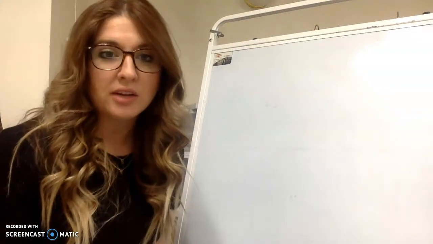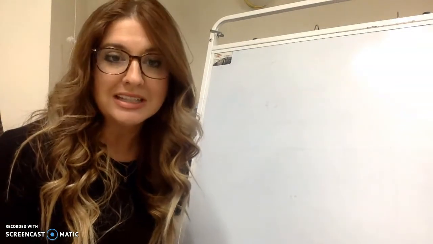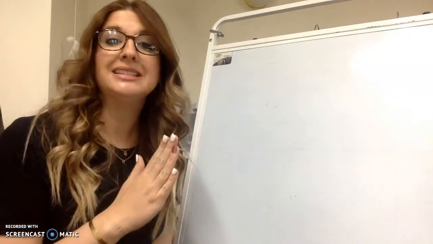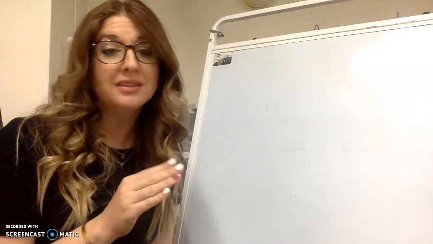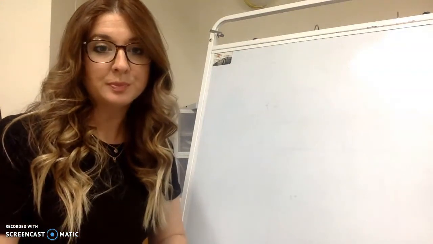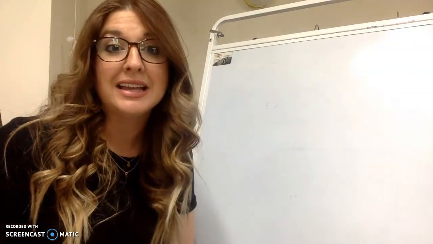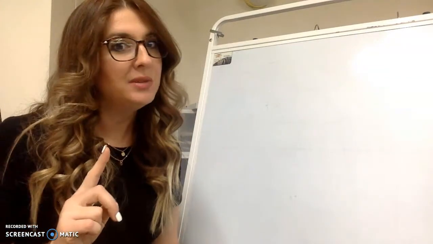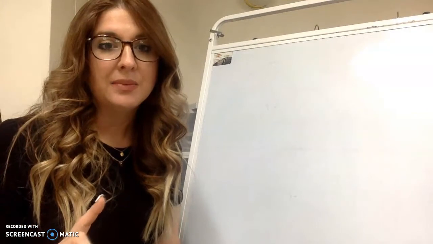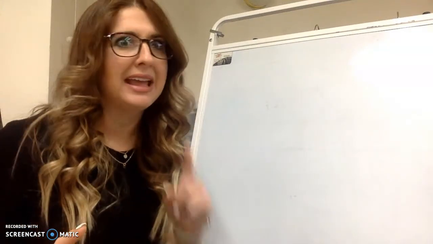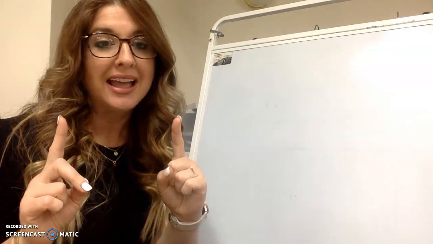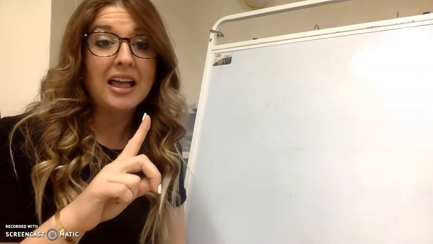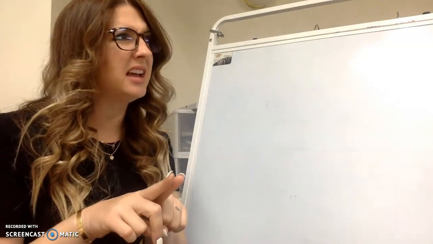Now we are going to learn about another digraph that we usually see at the end of words. Sometimes we see it in the middle, but most of the time we see it at the end. This is the digraph CK. But this one is a little different, because when we see a digraph like SH, S says s, H says h, but when put together it makes a different sound.